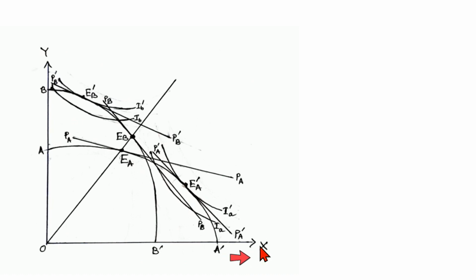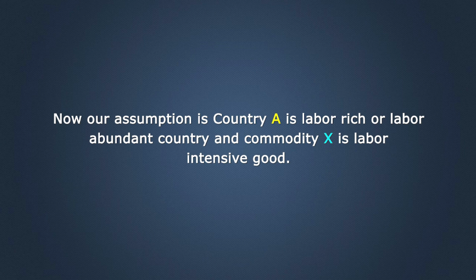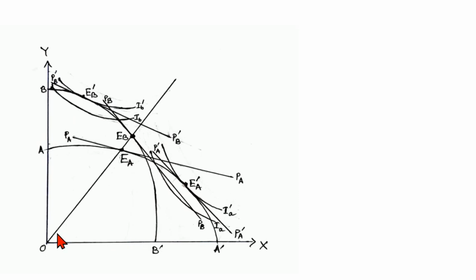Now we have measured here commodity X along the x-axis and commodity Y along the y-axis. Now our assumption is country A is a labor rich or labor abundant country and commodity X is a labor intensive good. So here the horizontal intercept of country A's PPF is greater than the vertical intercept.